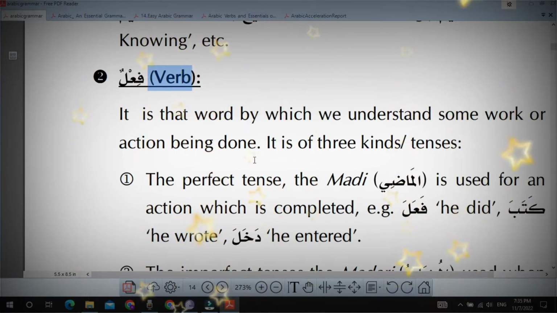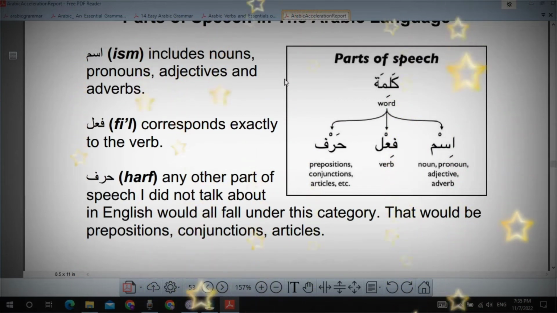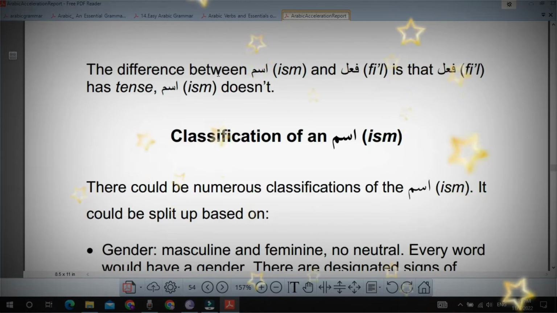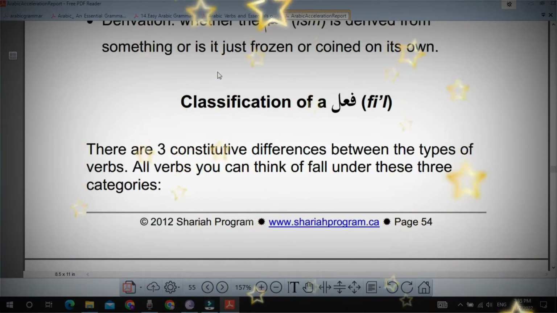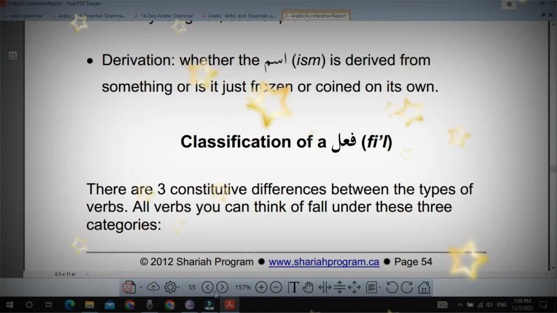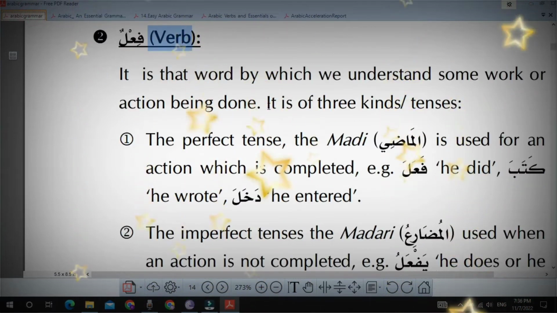The Arabic fi'l could be divided into three kinds. We will learn the classification of the fi'l in our coming videos, but in today's I will give you just an overview.